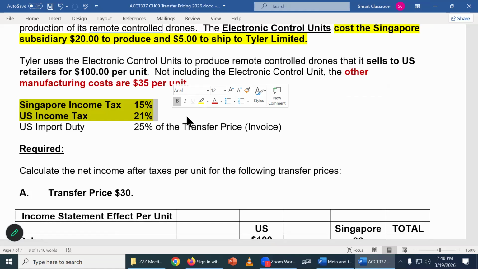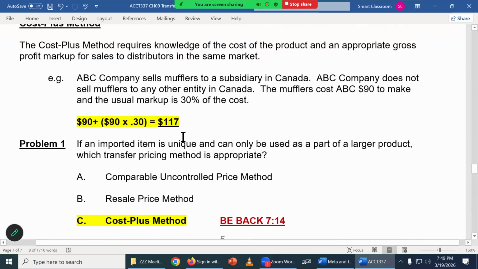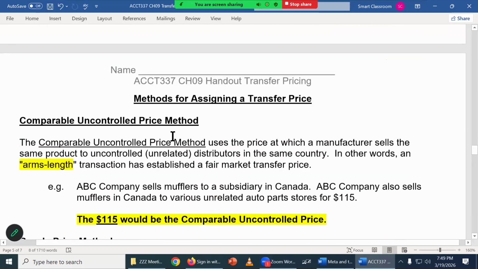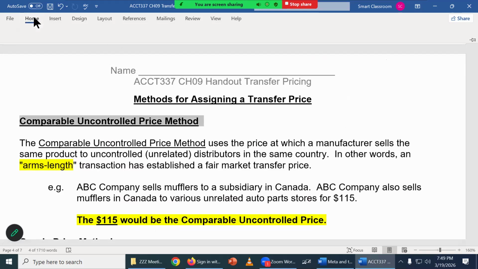So, two things can happen if you do that. People can ask you for documentation on why you did it, and it needs to be documented as one of these. By the way, going back to this, these are basically the three methods that pretty much every country allows.